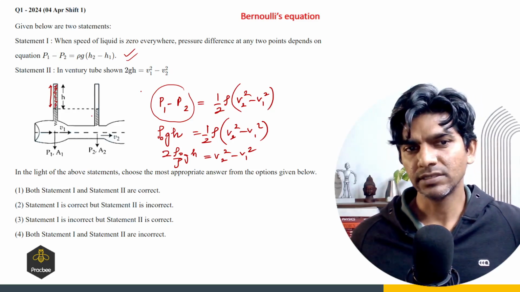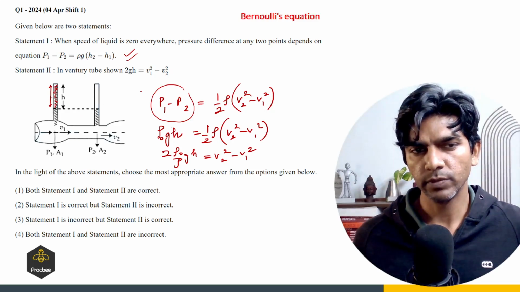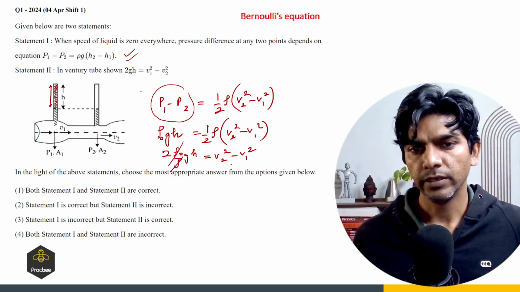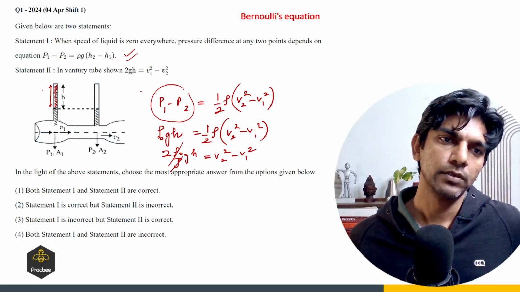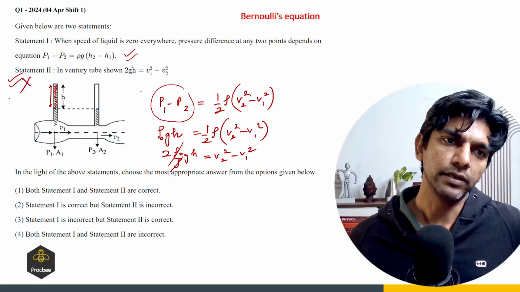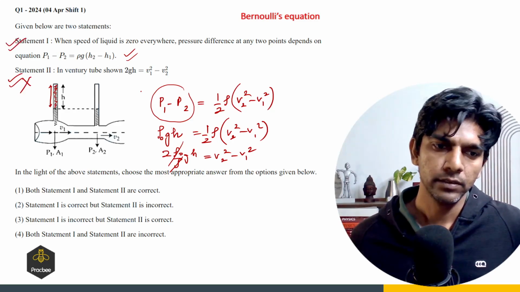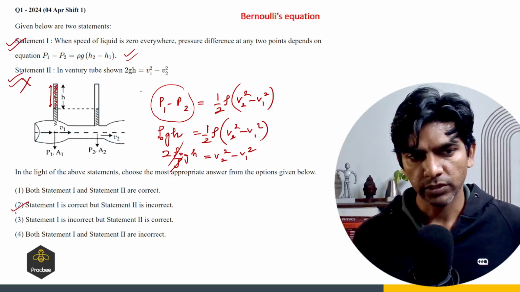Even if I consider the same fluid, it should be v2 square minus v1 square, not v1 square minus v2 square. So statement 2 is incorrect. Statement 1 is correct, statement 2 is incorrect.